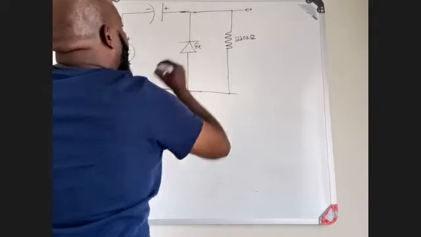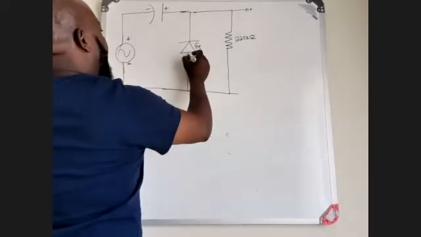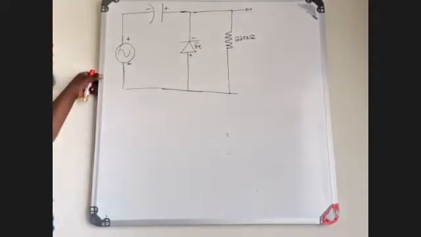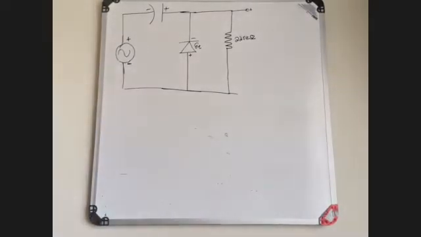The germanium diode, that one is positive, that one is negative. Now, if we are using a germanium diode, positive, negative, then let's see how your circuit will look.